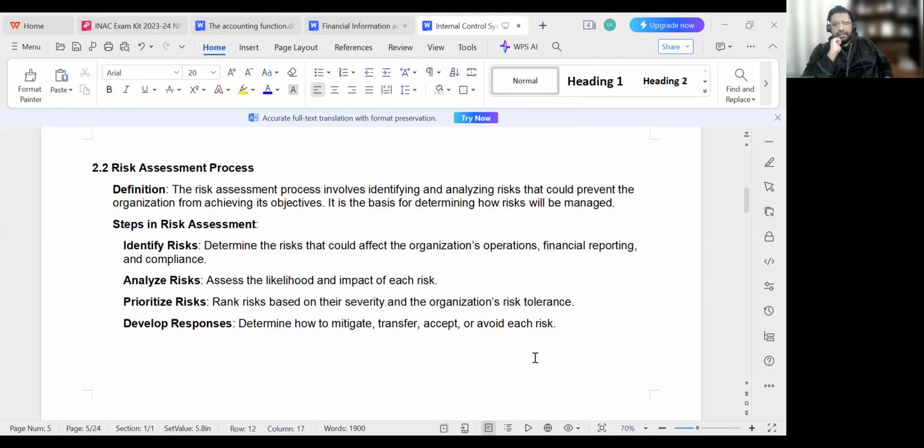Then we prioritize risks. Okay, so on the basis of the matrix that we just made, on the basis of likelihood and impact, we are going to prioritize our risks and see which risk gets the first priority, which risk is going to get the second priority, and so on. And on the basis of that, you start resolving the risks.